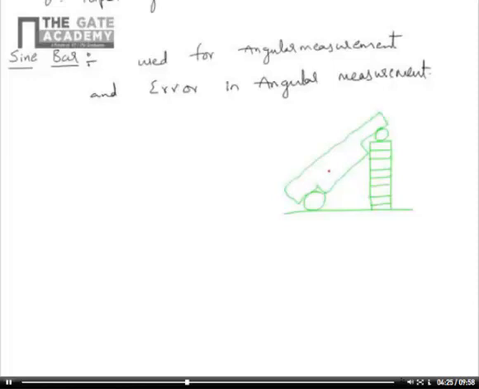This is the sine bar. L is the distance between the centers of the rollers, and H is the height of the slip gauges.